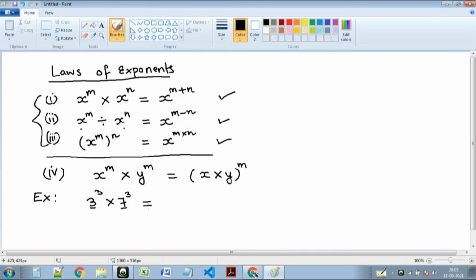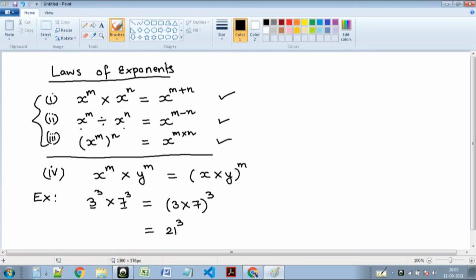So its resultant should be 3 cross 7, and together we can write the power as 3. That means whenever we solve this, we will get 3 into 7 as 21 to the power 3, right? So in this way we can solve.